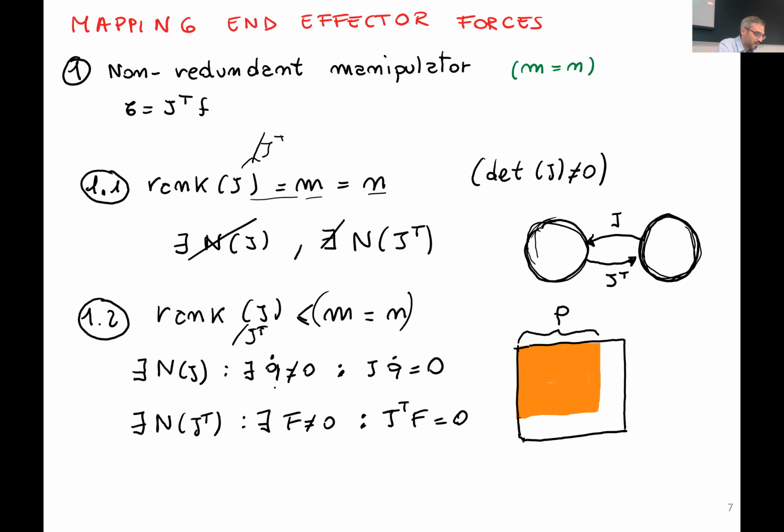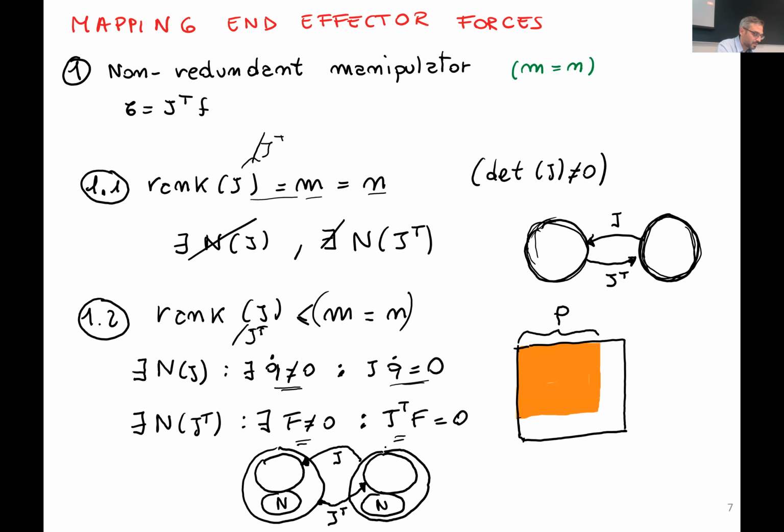So we have some velocities that don't produce any end-effector velocity, and we have some Cartesian forces that don't need any torque. They are all on the structure. And we see that of the two sets, we have the same size of null space, both for J and J transpose.